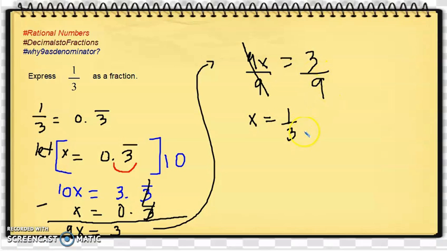So as you can see, before we have the final answer, the 1/3, the denominator is 9. We divide both sides by 9, and that's why 9 is the denominator when converting non-terminating decimals to fractions, wherein the decimal part has digits which are repeating. And there you have it, 1/3.